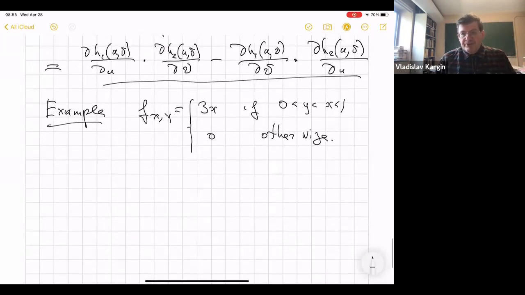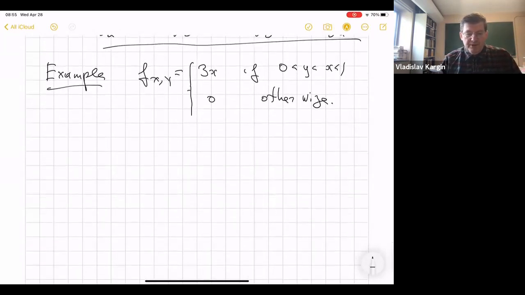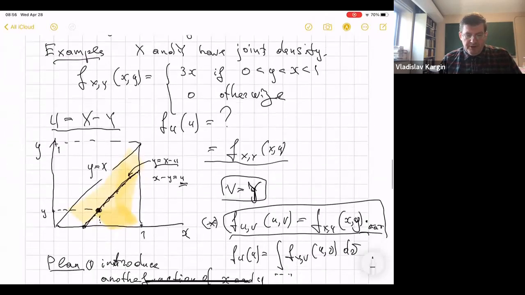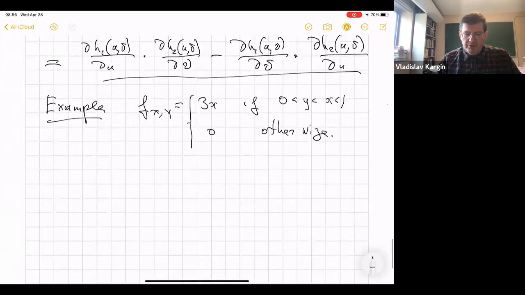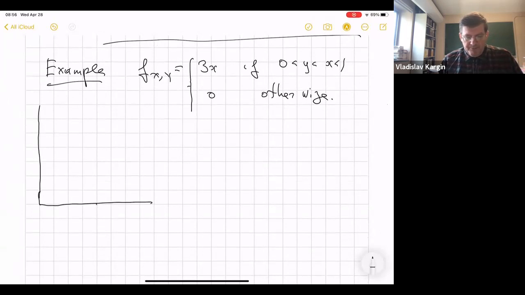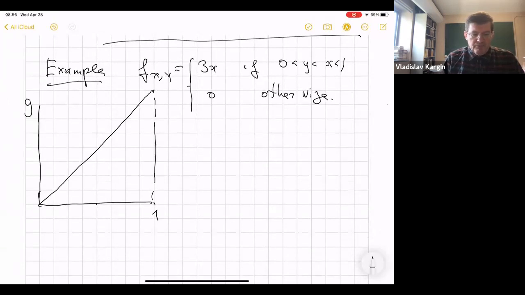In this example, it's always useful to have a picture. So maybe we redraw it, and we have a picture like that here. This is 1, this is y, this is x.